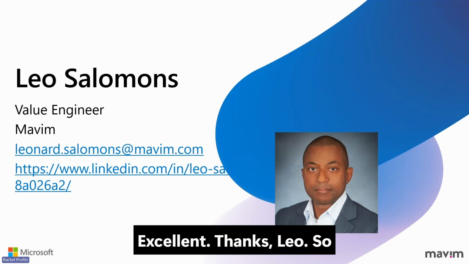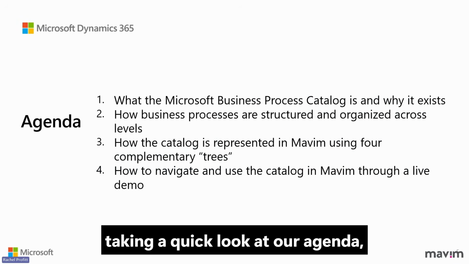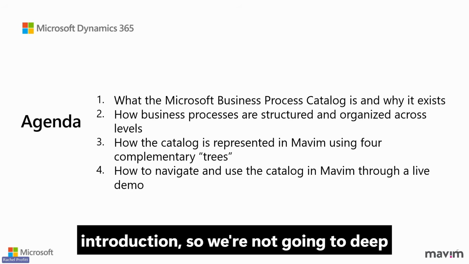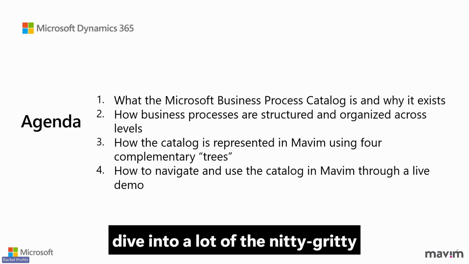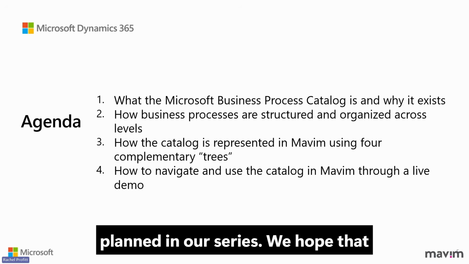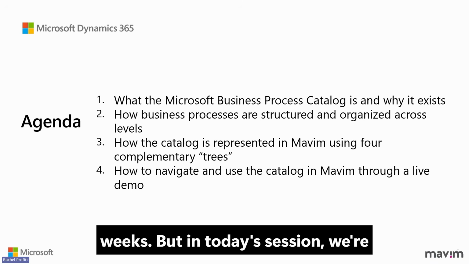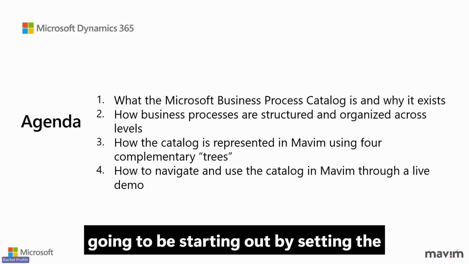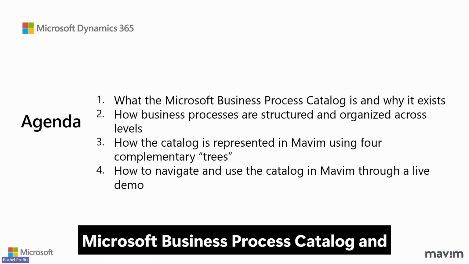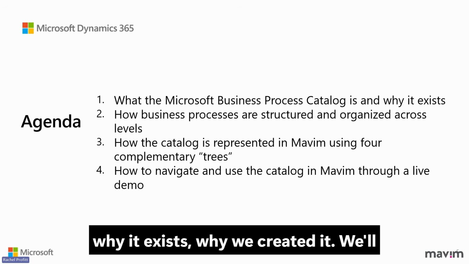So taking a quick look at our agenda, today's session is going to be an introduction, so we're not going to deep dive into a lot of the nitty-gritty details, but we have a lot of Tech Talks planned in our series. We hope that you'll follow along with us in the coming weeks. But in today's session, we're going to be starting out by setting the groundwork for what exactly is the Microsoft Business Process Catalog and why it exists, why we created it.